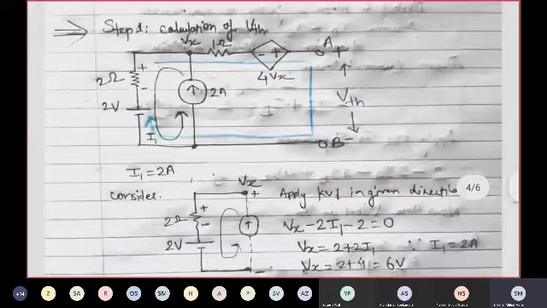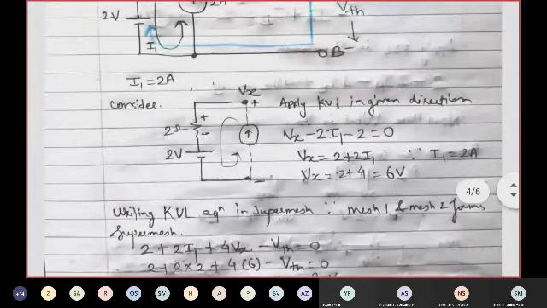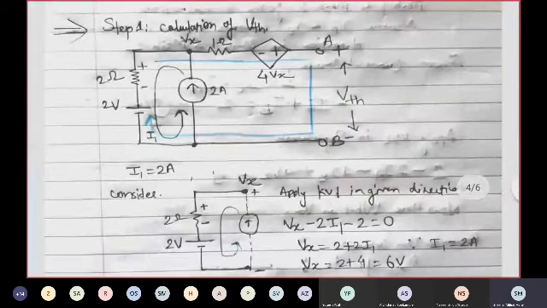Now apply KVL in the super mesh in this particular direction, clockwise. Start with 2 volt, negative to positive 2 volt, then negative to positive plus 2I1, and then since no current goes through the 1 ampere, no need to take it, but you have to consider this voltage source, negative to positive plus 4Vx, and then positive to negative minus Vth.